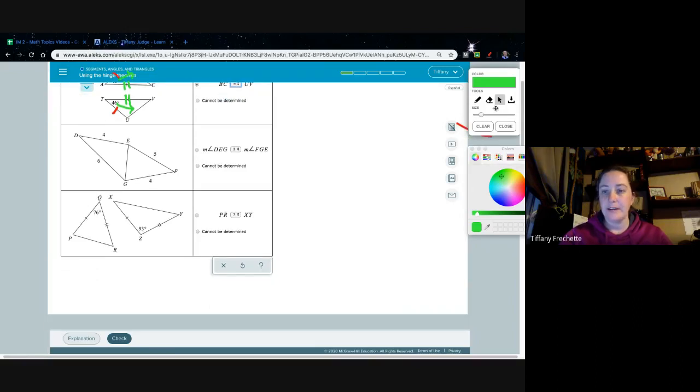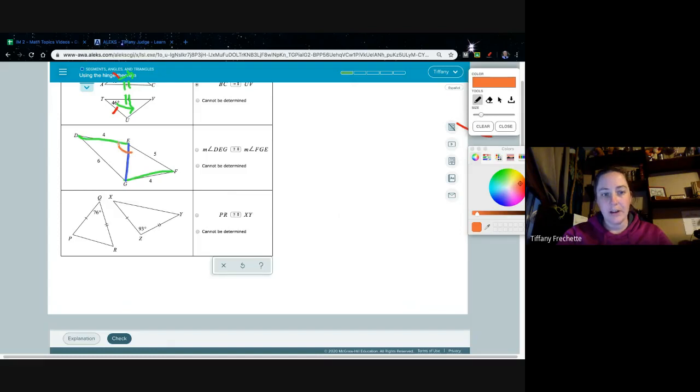All right, down here, so let's go back to the pencil. So we have 4, 4. I have 6 and 5, so I can't mark those, but I have a shared side here. I know EG is congruent to itself. And then I want to make a decision about DEG, so I'll put this in red.